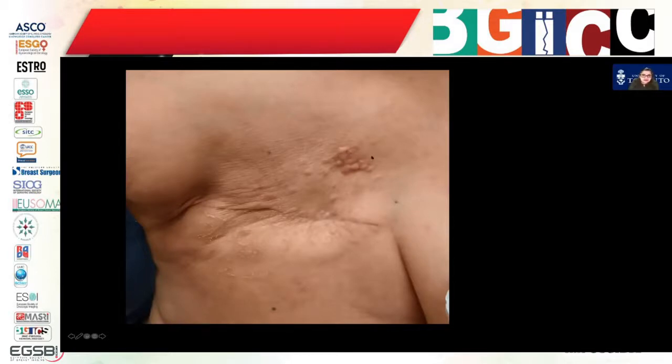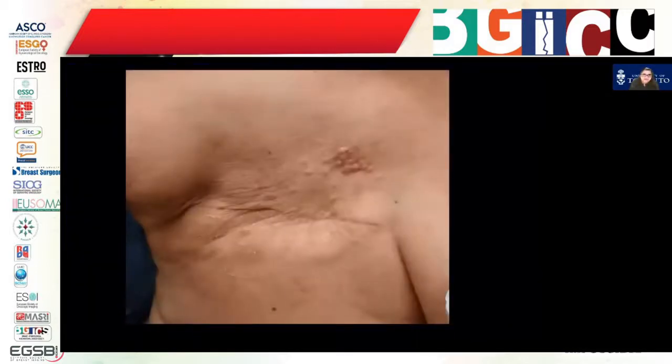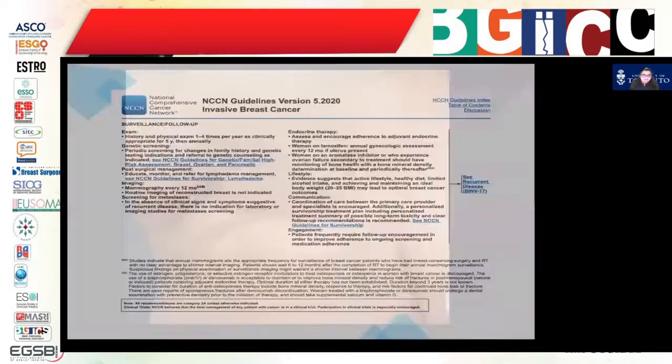She did undergo a punch biopsy, and it led to a diagnosis of recurrence. So it was not a good outcome for this patient, and it can come back quite fast if it is a biologically very aggressive tumor.